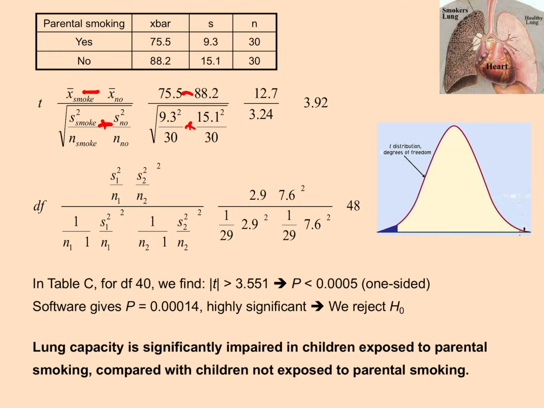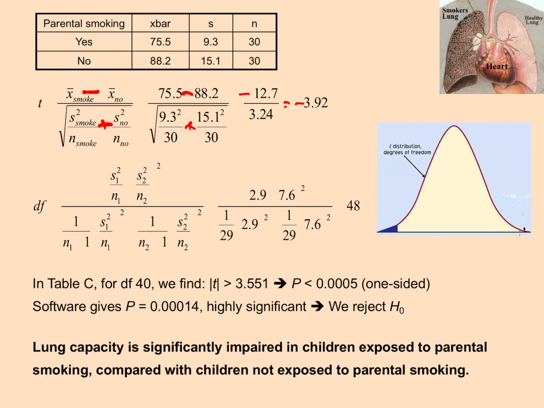The difference in our sample means is 75.5 minus 88.2, or negative 12.7. So you do that math, and it works out that we have a test statistic of minus 3.92. Remember that your t-statistic, like a z-score, is a measure of standard deviations.